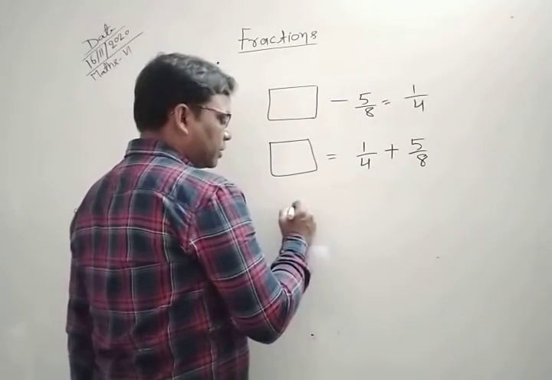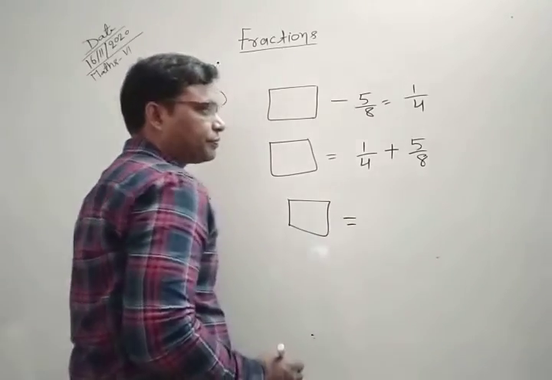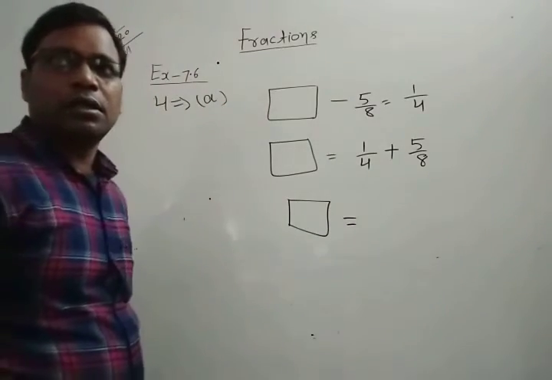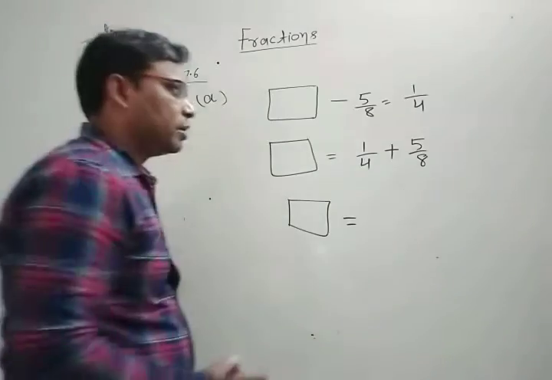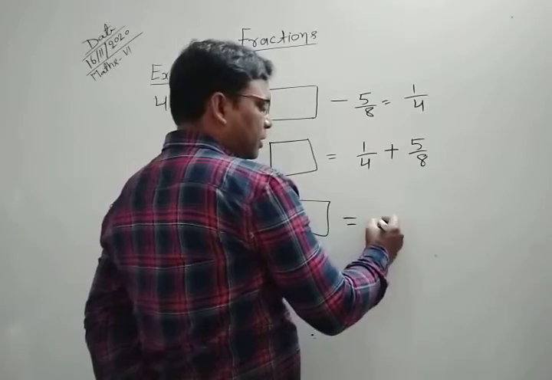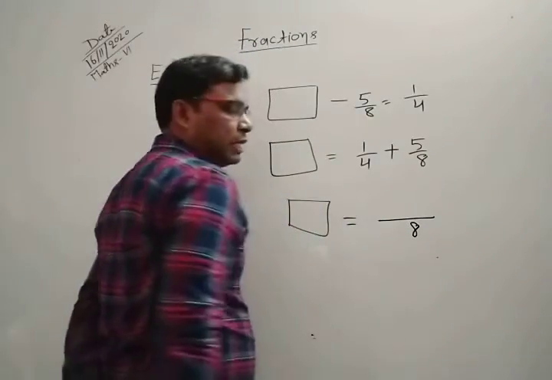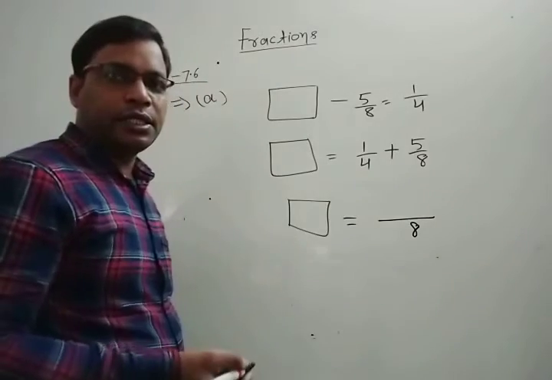So if you solve it, the box is 1 by 4 plus 5 by 8. The LCM of 4 and 8 is 8, because 8 is a multiple of 4.